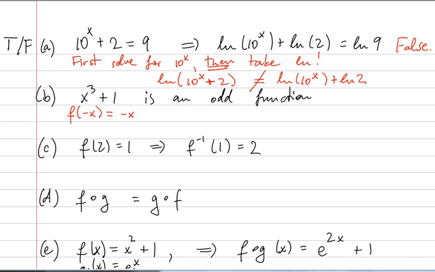So this is negative x cubed plus 1, which is not equal to the original function, and it's not equal to negative of the original function, because negative of the original function is negative of x cubed plus 1, so it's negative x cubed minus 1. So this function x cubed plus 1 is neither, so it's false.